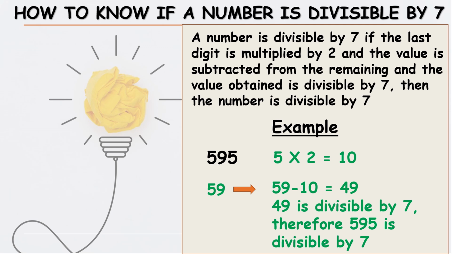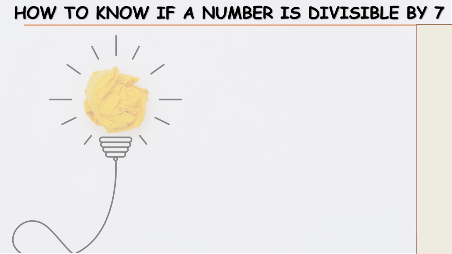Those are the remaining digits. 59, now subtract the 10 you got by multiplying 5 by 2. So 59 minus 10 is 49. So the value you get, which is 49, you test it. Is it divisible by 7? Yes, it is. Since it is divisible by 7, the entire number 595 is divisible by 7. Let's look at another example.